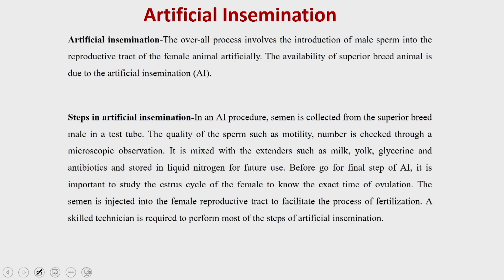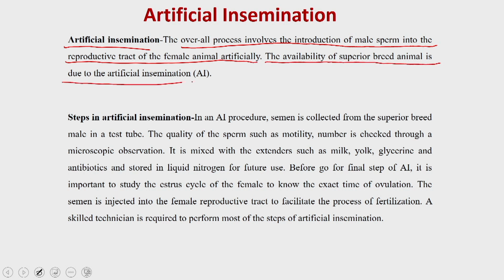In artificial insemination, the overall process involves the introduction of male sperm into the reproductive tract of the female animal artificially. The availability of superior breed animals is due to artificial insemination. There are multiple steps involved. In an artificial insemination procedure, the semen is collected from the superior breed male in a test tube.